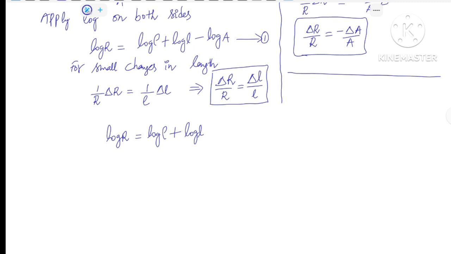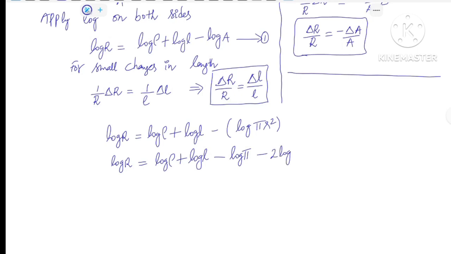Hence we will have minus log pi r square. Just modifying this equation a little bit: log R is equal to log rho plus log L, and splitting this into two logarithms, minus log pi and minus log r square. Log r square can be written as 2 log r.